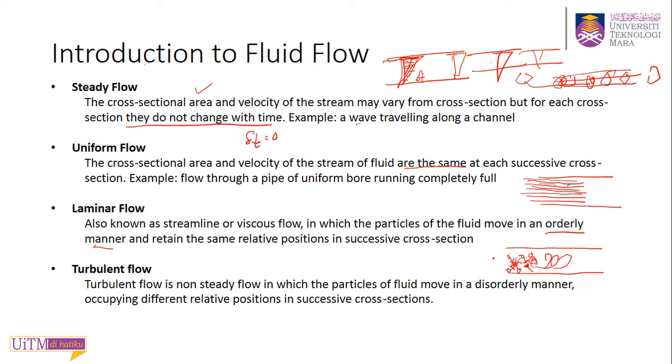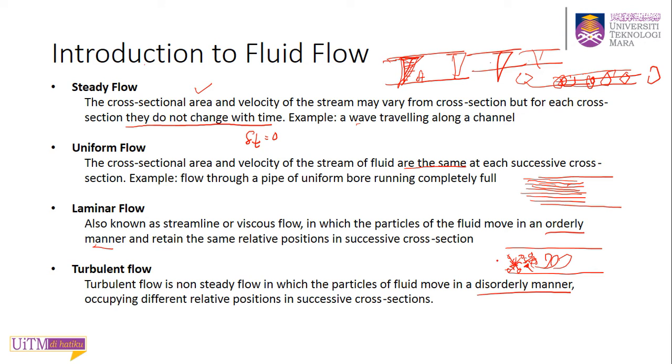That's why we call it turbulent flow, because the particles of the fluid do not move in an orderly manner. Normally, if you have a very high flow rate of fluid, it will create turbulence. So normally a higher velocity of fluid represents turbulent flow.